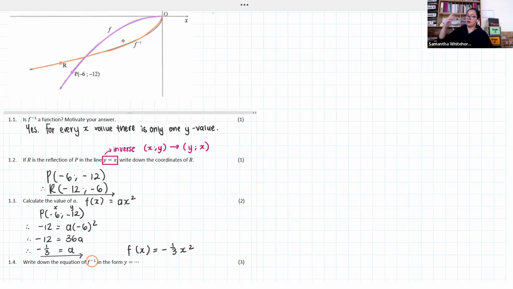Remember, the inverse of a parabola will have a square root, so make sure you've got a square root in there somewhere.